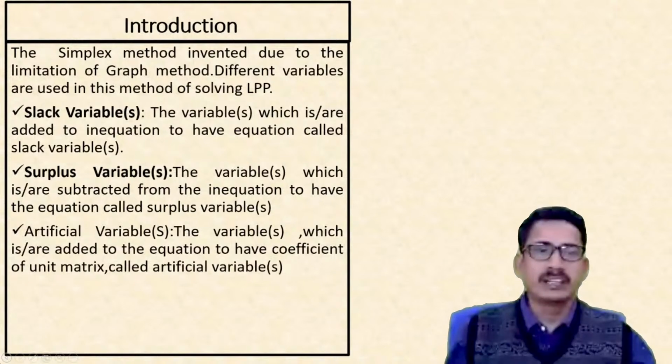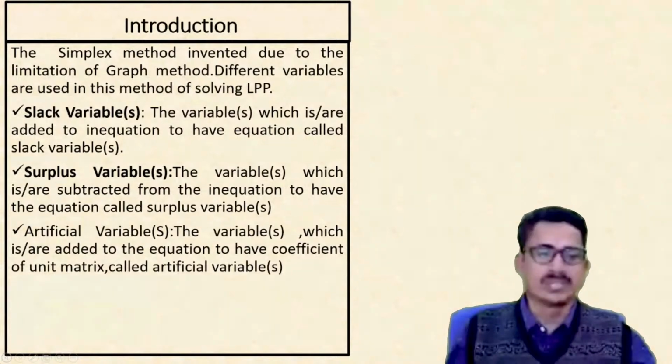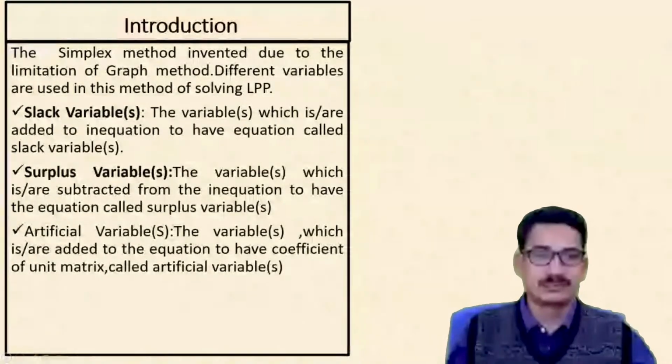Whenever an inequality is in less than or equal to form, the points are always taken towards the origin. And when it is greater than or equal to, the points are always taken away from the origin. When equality is given, no inequality, then you have to locate the point on the line itself.